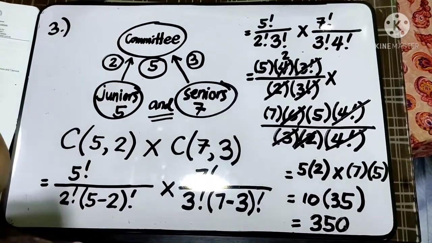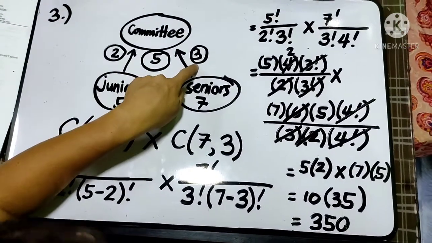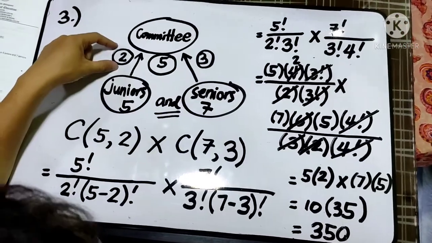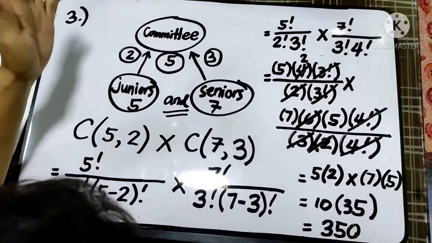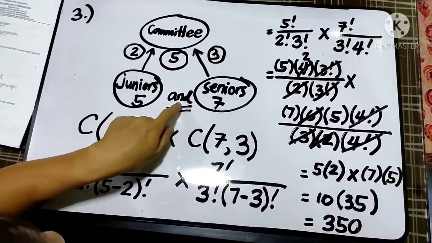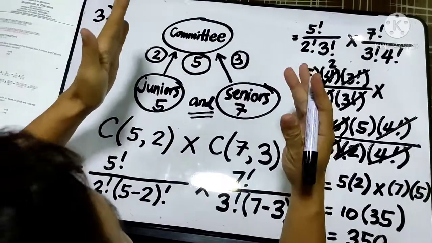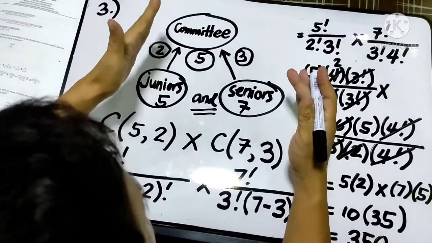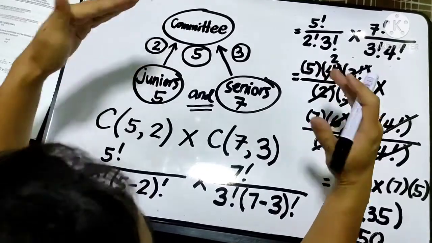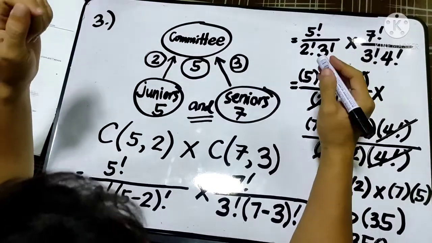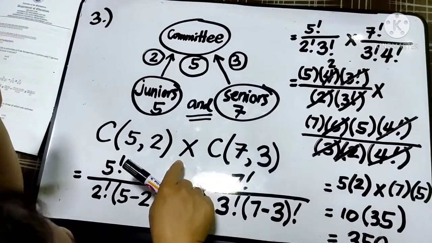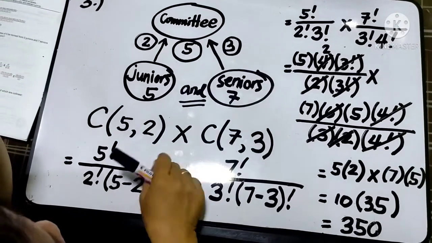Dapat ang committee ay merong 3 seniors. Kaya, ang kailangan mo lang sa junior ay 2. Again, if there is the word and, kapag ang isang task ay nangangailangang i-perform ang 2 para ma-perform ang task, then you're going to use multiplication.